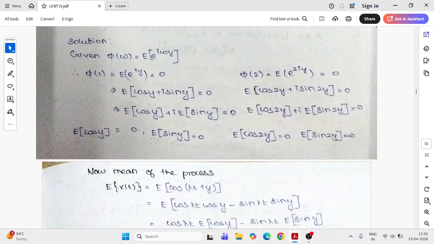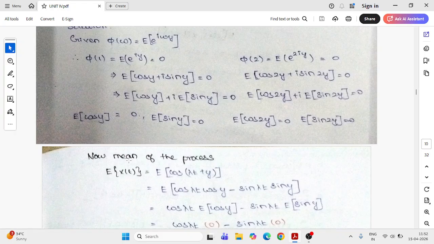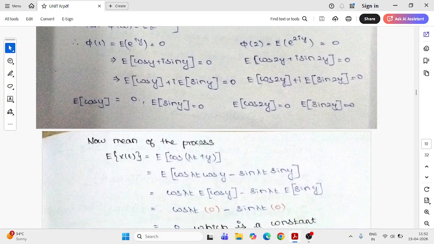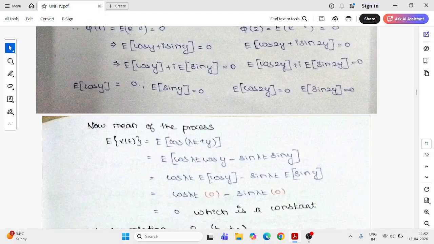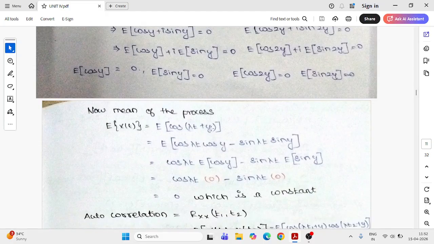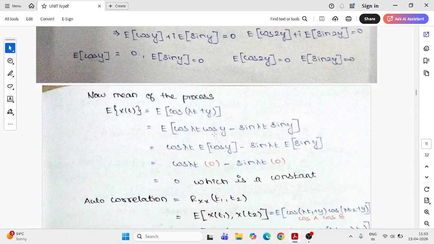Now we verify whether it is WSS or not. The first thing we are supposed to do is check the mean. So mean means the expectation of X(t), which is given as cos(λt + Y). It is in the form cos(a + b), so cos a cos b minus sin a sin b.